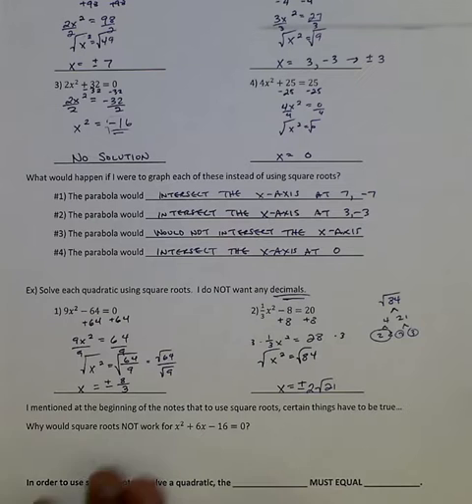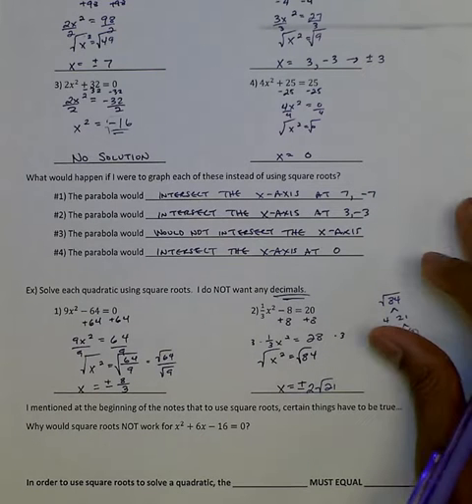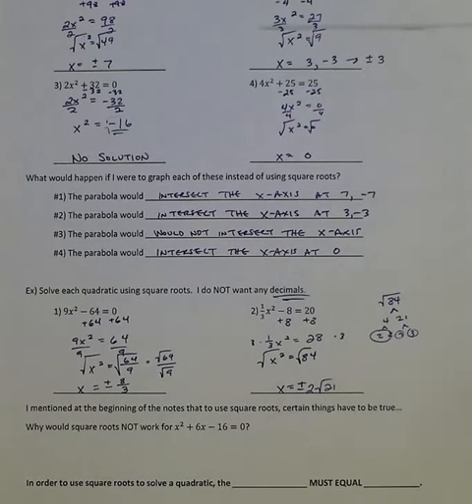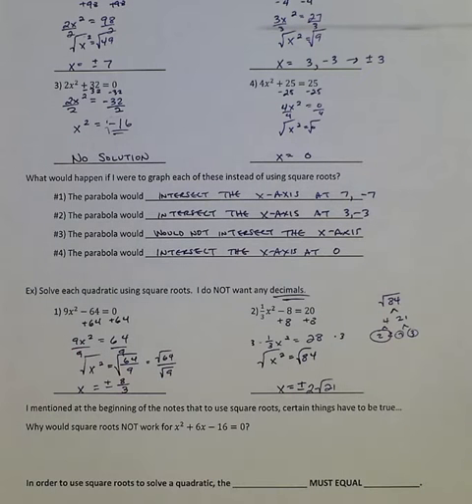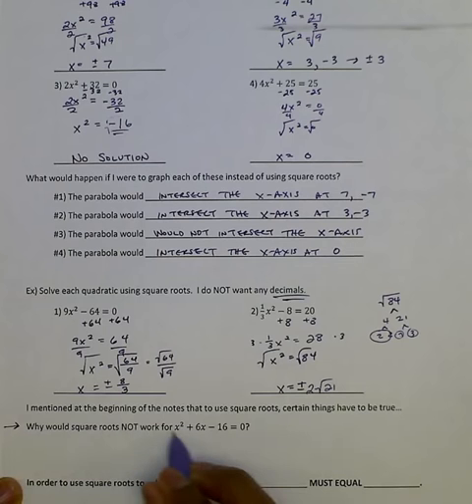We've solved using square roots for this whole time. What did we notice about all these problems? Remember at the beginning I said that certain things have to be true in order to use square roots. Why would it not work for this function?